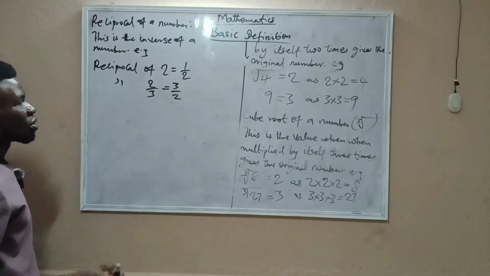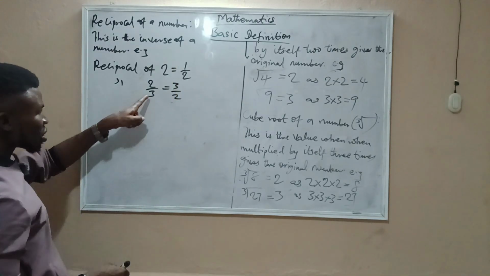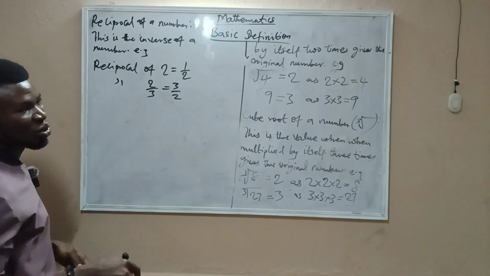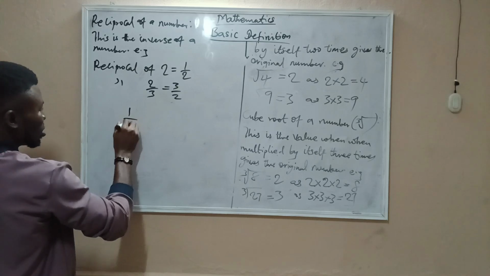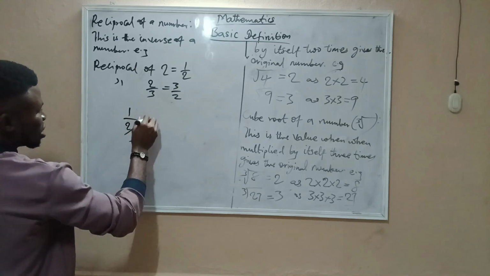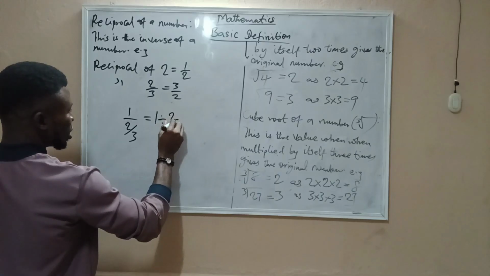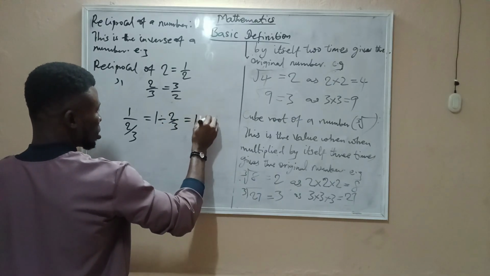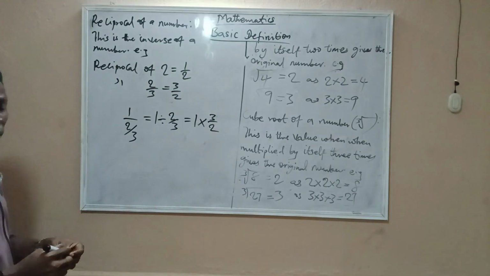Meanwhile, there's a way to get this reciprocal. Reciprocal, just like they said, is the inverse. So if you are given something like 2 over 3, to get the inverse, and they said you should show working, you do 1 over 2 over 3. And this is the same thing as 1 divided by 2 over 3, which is the same thing as 1 multiplied by 3 over 2. I want you to notice what happened here.